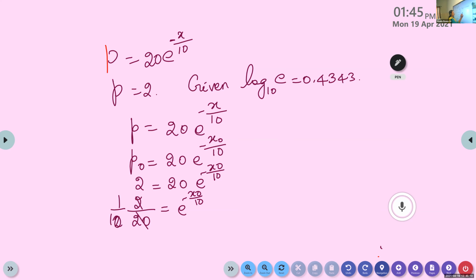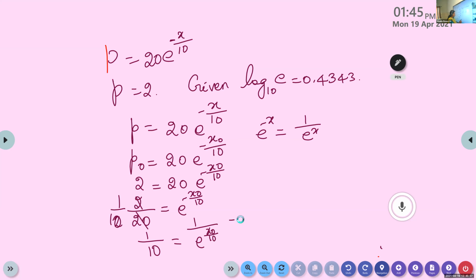Listen, what is the meaning of e raised to minus x? Is it 1 by e raised to x? So here, 1 by 10 is equal to e raised to minus x naught by 10, which we can write as 1 by e raised to x naught by 10. Is it correct?